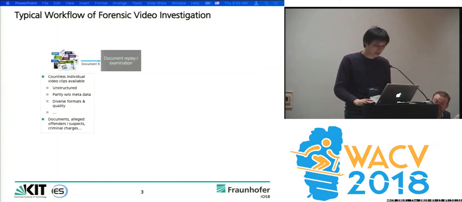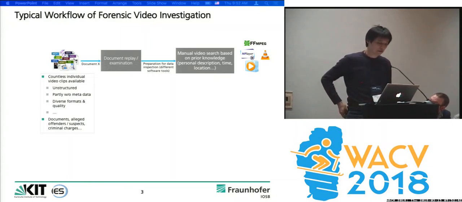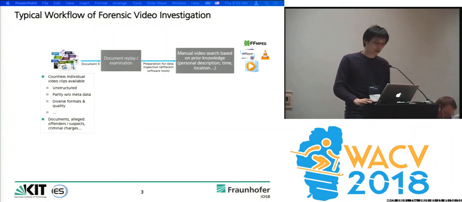So if we start a document or a file, we have to replay and examine the data. In order to do this, we have to turn to different tools, for example FFmpeg or VLC, to investigate a crime scene, using some prior knowledge, for example the description from the witnesses, and what time and what place the crime happened.